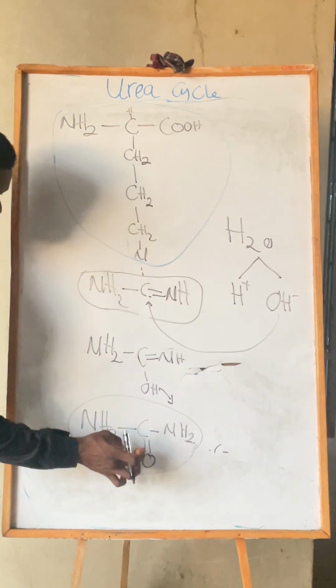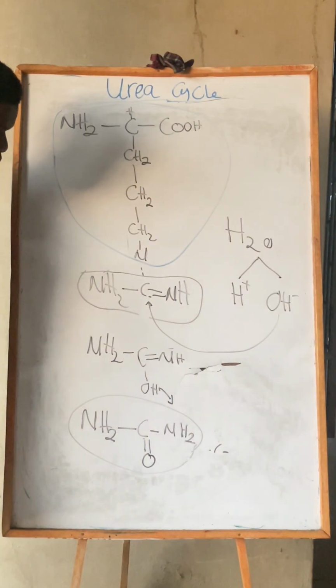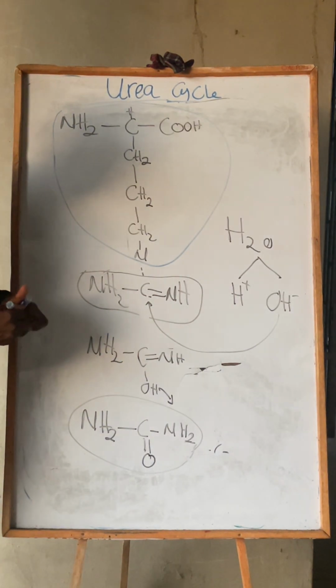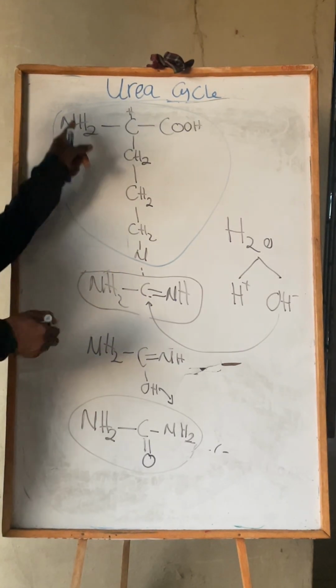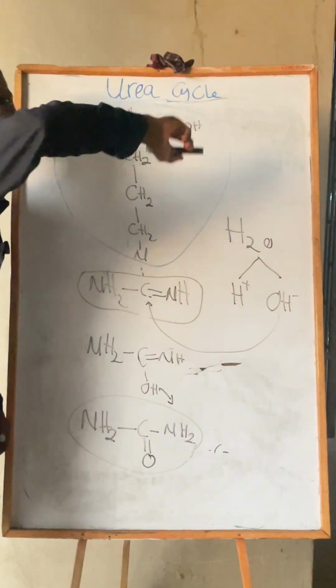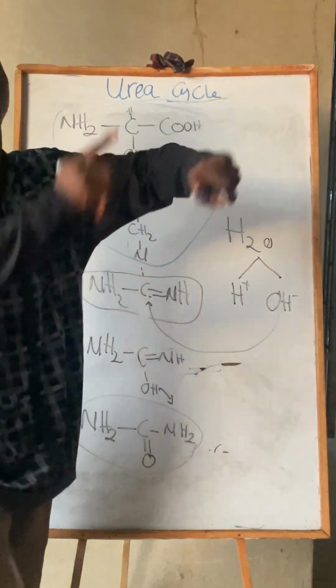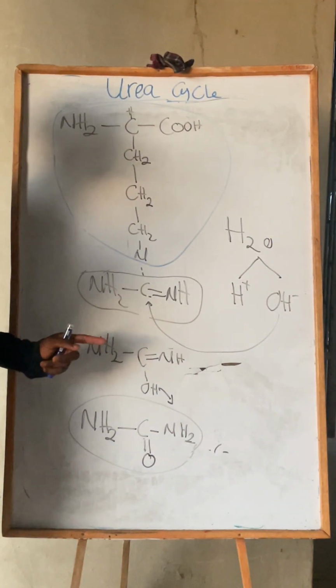This one is now O, the double bond O. So this is our urea. Do you understand it? And the product we are going to get back here is ornithine. Don't forget ornithine. So this ornithine will then go back and react with our carbamoyl phosphate. That's how the cycle continues. Thank you.